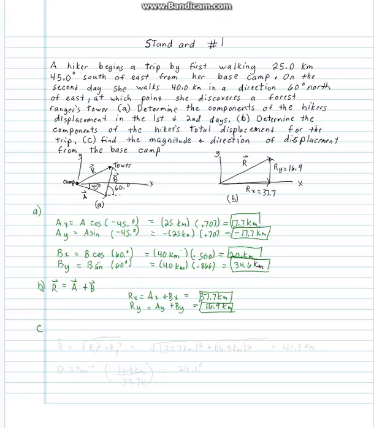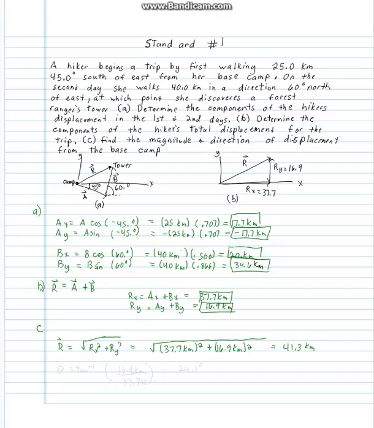So R is equal to the square root of R of x squared plus R y squared, which equals 37.7 kilometers squared plus 16.9 kilometers squared, which when we enter that in our calculator, we get 41.3 kilometers.